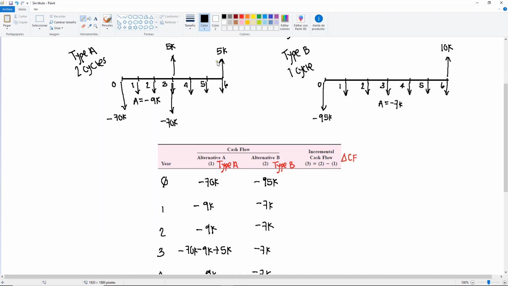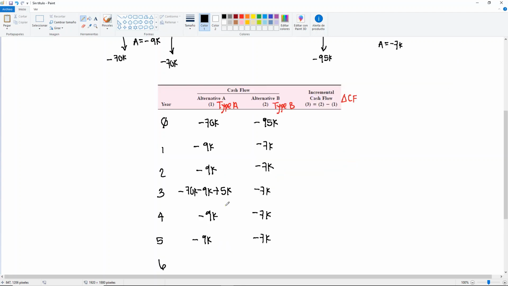But in this case, we're going to combine them. So in year 6 we put the two cash flows here and the two cash flows there, just like in year 3. For type A, we would have minus 9,000 plus 5,000, and for alternative B, minus 7,000 plus 10,000.